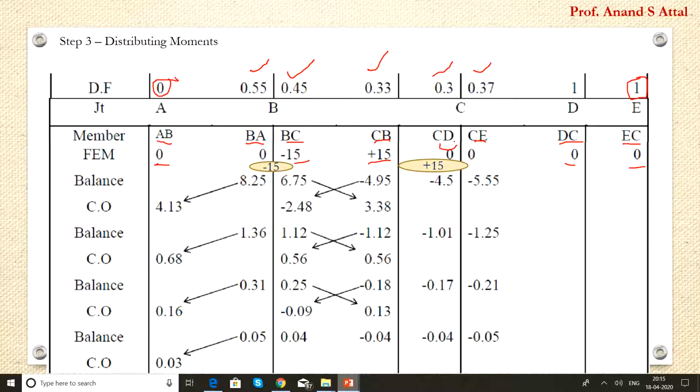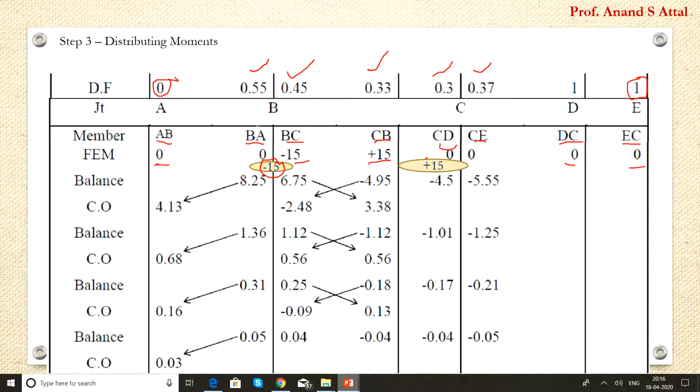On joint C, plus 15 plus 0 plus 0 comes plus 15. So for this minus 15, for balancing we require plus 15. Similarly we need to distribute a plus 15.